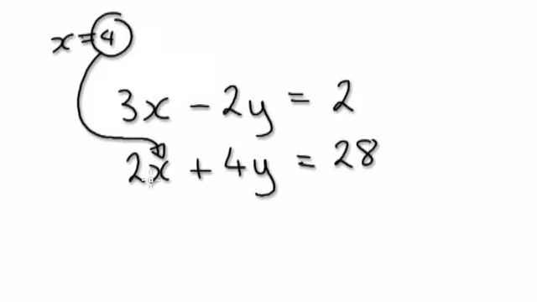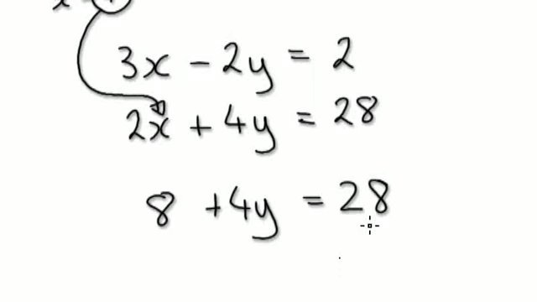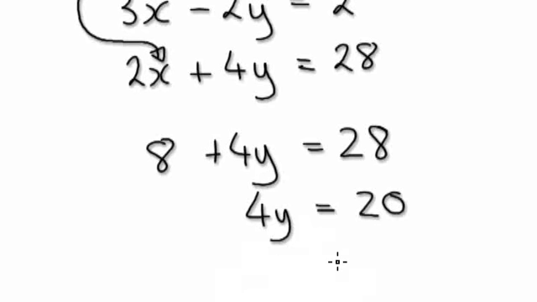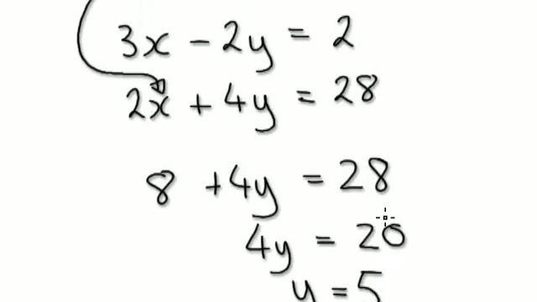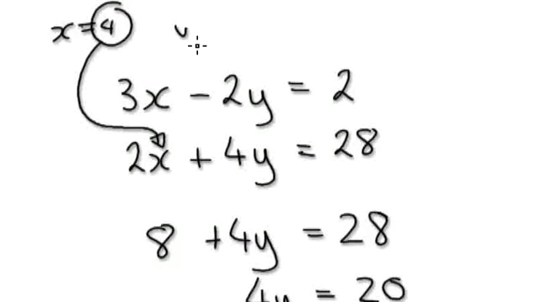So here 2 times 4 will be 8, and then we've got plus 4y equals 28, and then take away 8 from each side, so that will be 4y equals 20, and then divide both sides by 4, so y equals 5. Okay, so here y equals 5.